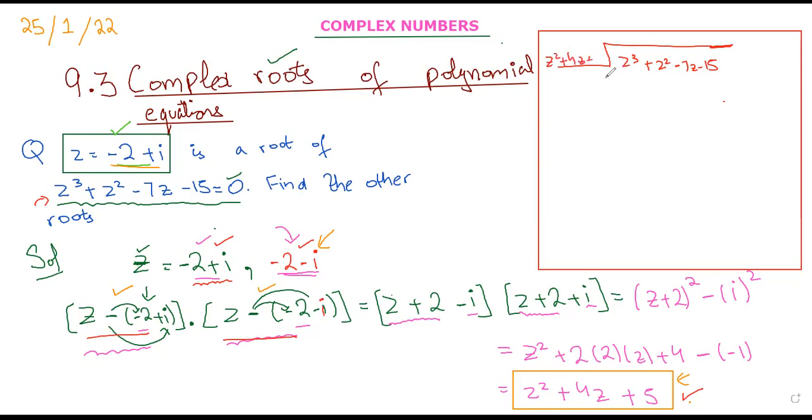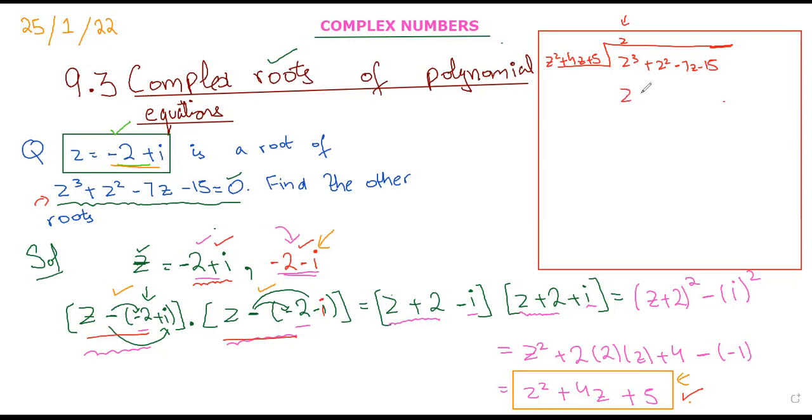Very good. Now, what am I going to multiply first in order to get this z cube? What is going to come here? Only z.